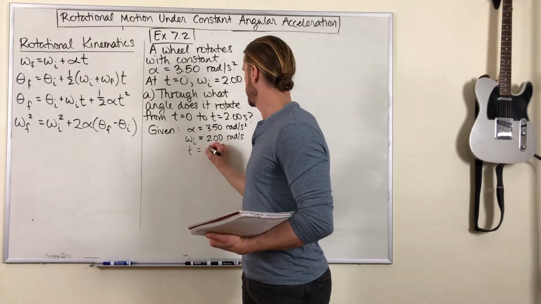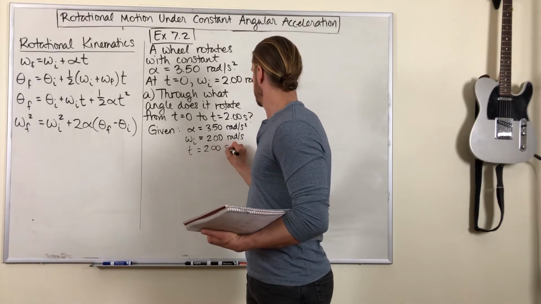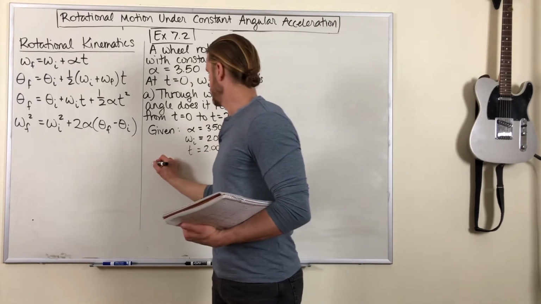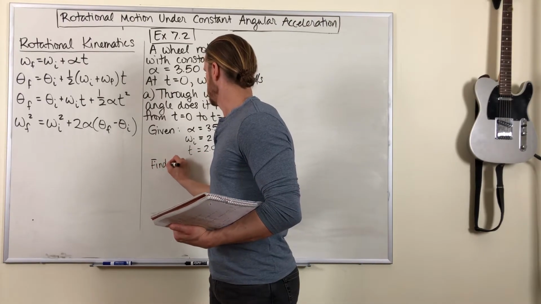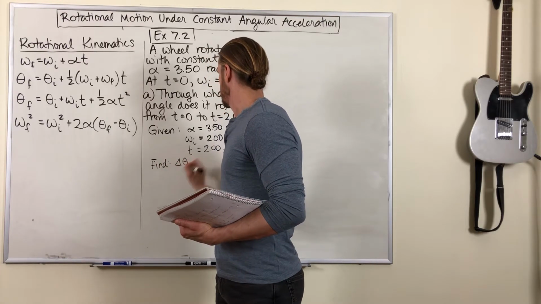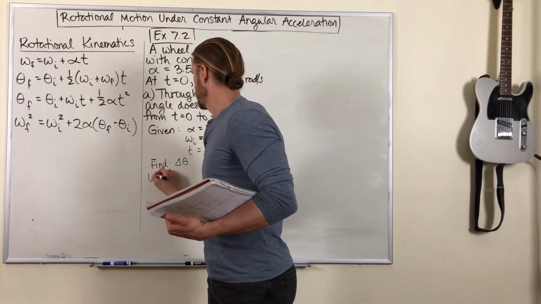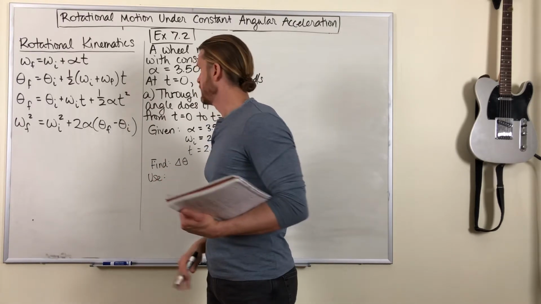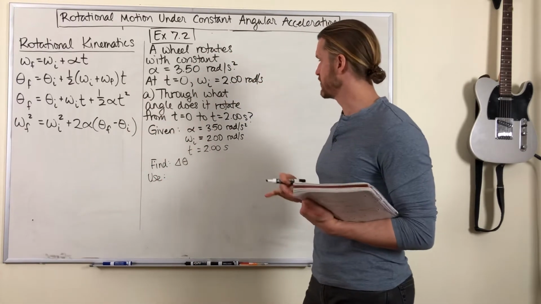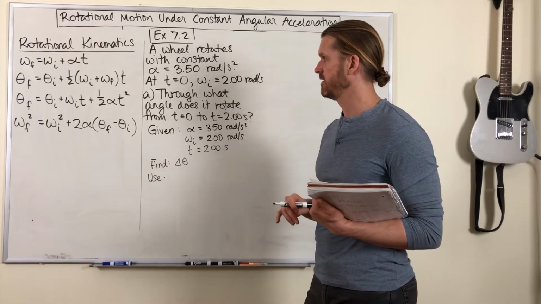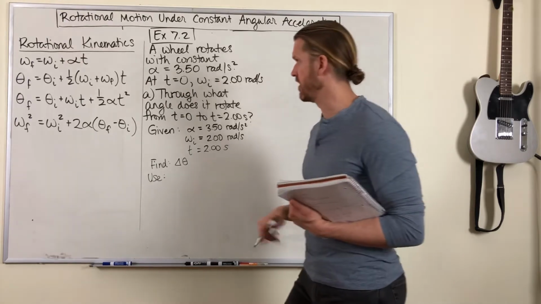That's 2 seconds. And we want to find delta theta, change in angle. So we need to pick the appropriate equation to use from this list. And it looks like there's just one equation that will do the job.